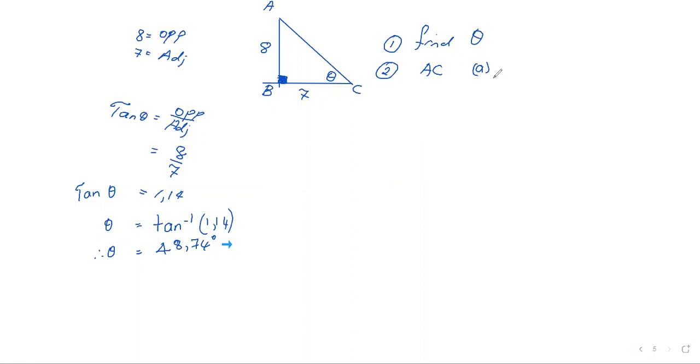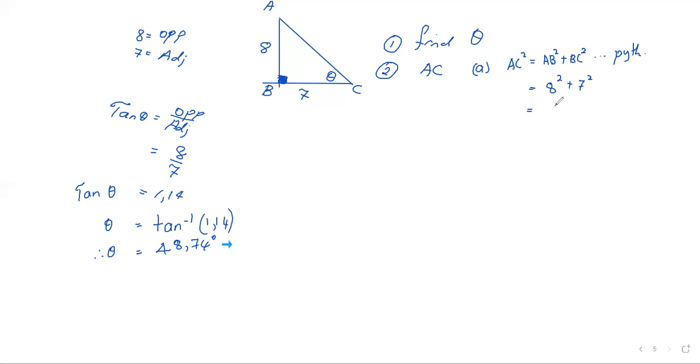And let's see, method 1, we say AC squared is equal to AB squared plus BC squared. And this is Pythagoras theorem. AB is 8 squared. BC is 7 squared.